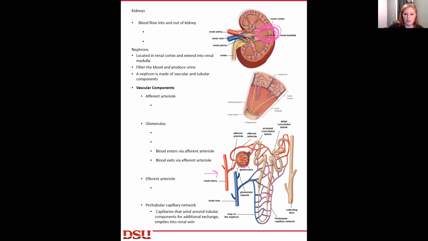So we go through the proximal convoluted tubule, and then down through the loop of Henle, back up through the distal convoluted tubule, down through the collecting duct. I'm going to come back up here to this top image. Once it reaches the collecting duct, it's going to be dropped here in the renal pelvis, at which point the urine is then going to be taken down the ureter to the urinary bladder. There you go.